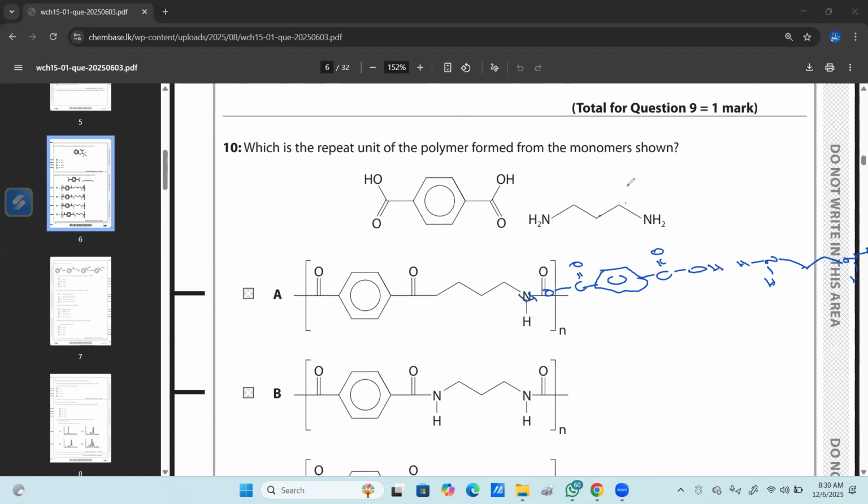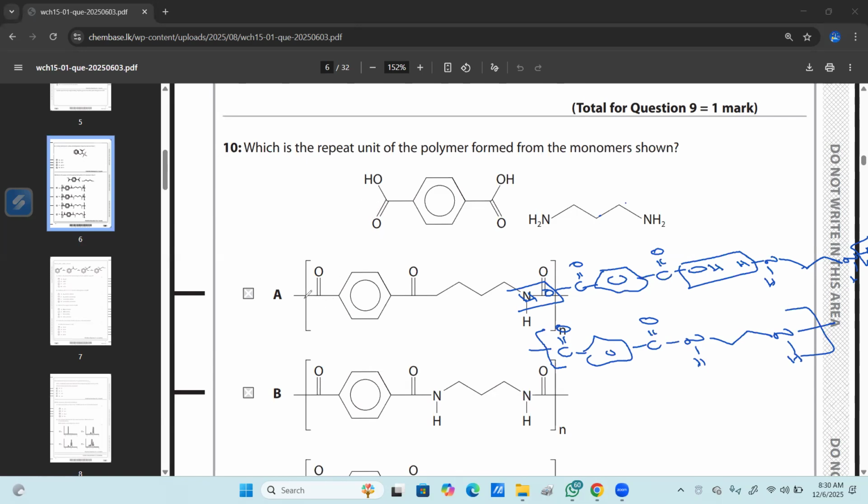When this undergoes condensation polymerization by the removal of a water molecule, OH should be removed from the carboxylic end and hydrogen from the amine end. The continuation bond will start from here, then an amide bond will form between the carboxylic acid and the diamine. So this should be the repeat unit.